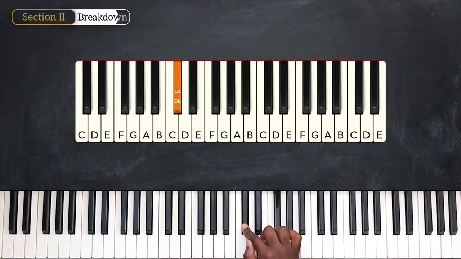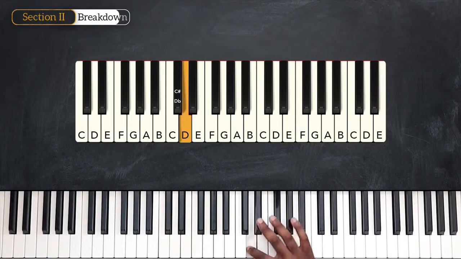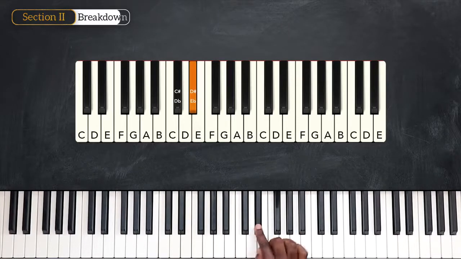The logic will be the same for all the remaining black keys. So we have, for this one, D and E. We have D sharp, so that's a D sharp. And it's also an E flat. Okay, so D sharp and E flat. Moving up, for this one, around that black key, we have F and we have G. So that's F sharp or G flat.